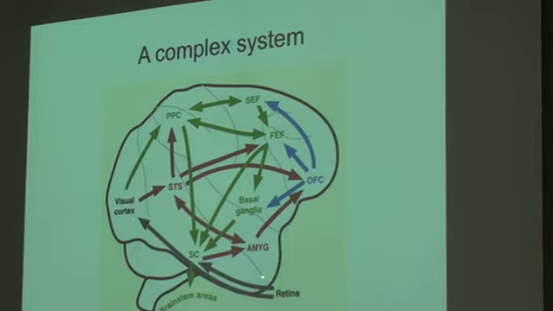The input coming from the retina goes through a part of the thalamus called the lateral geniculate nucleus, and then to V1, the primary visual cortex, and then it goes through two pathways, one dorsal and another ventral. According to popular theories, the dorsal one deals with the positions where objects are, and the ventral one deals with the identity of objects.